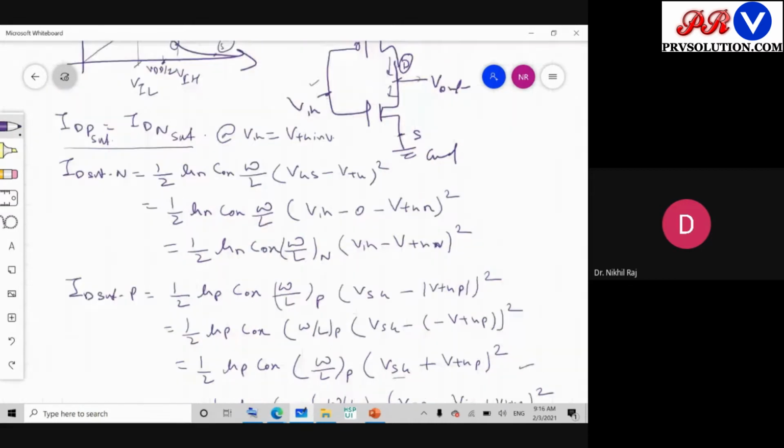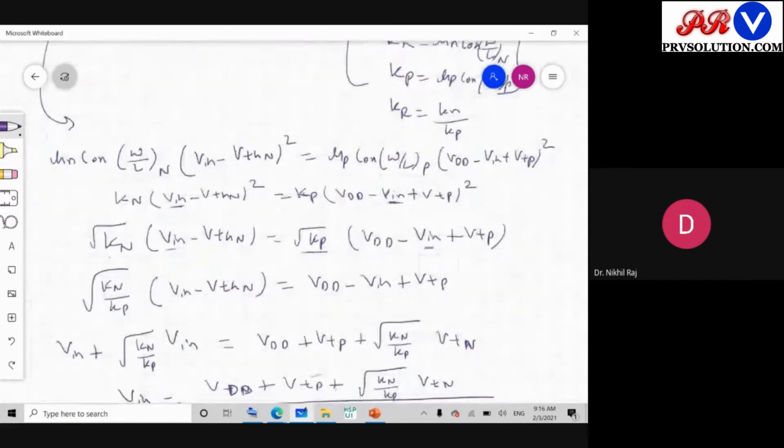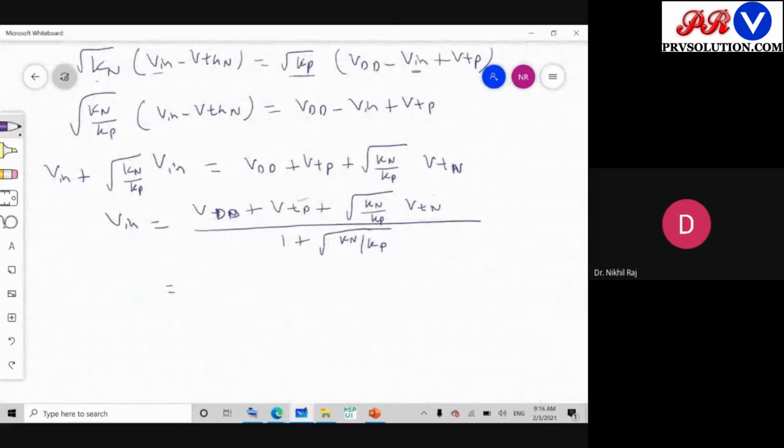So whenever I design an inverter and say that it is an ideal inverter, this Vin, which is also called VTH of INV, should be equal to VDD by 2. So when can this be possible?